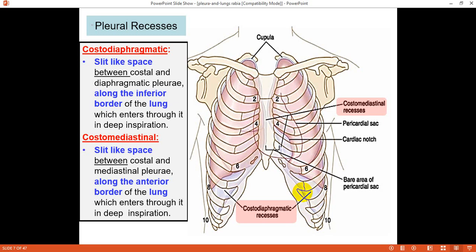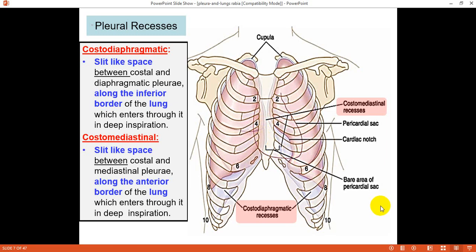Also, we can observe that on the left side, the cardiac notch present on the anterior border of the lung is more prominent as compared to the cardiac notch formed by the parietal pleura here. So we have this part of the costomediastinal recess, which is wider as compared to the rest of the costomediastinal recess and the costomediastinal recess of the right lung.